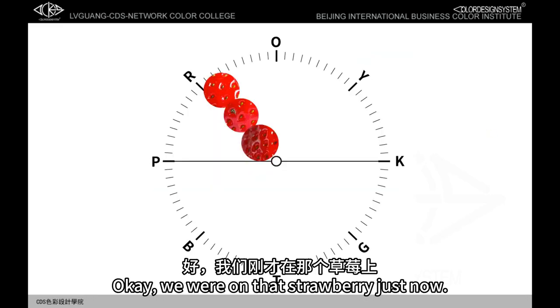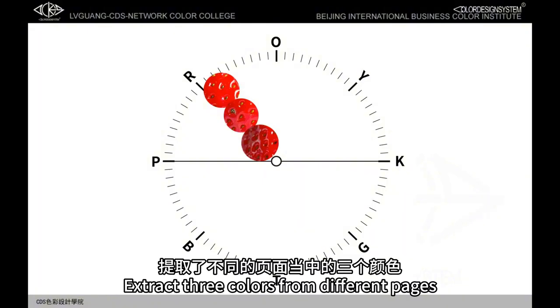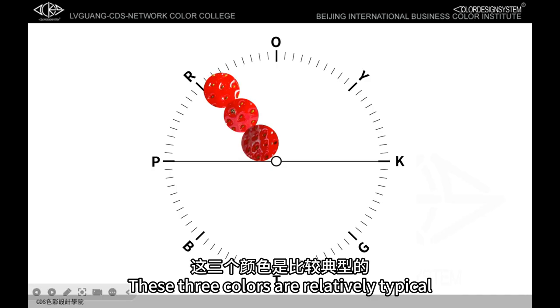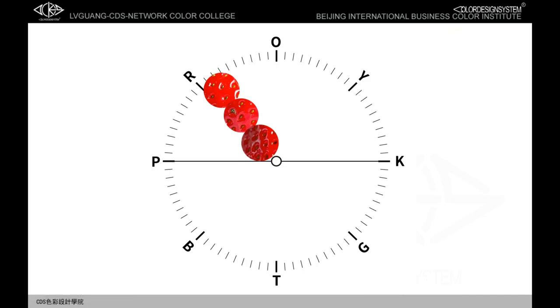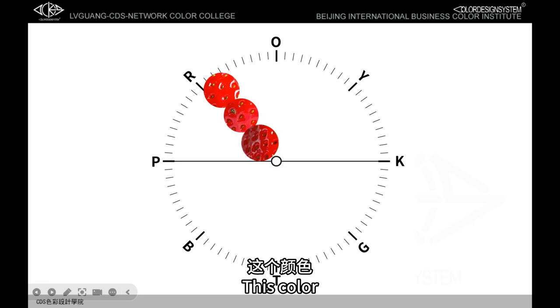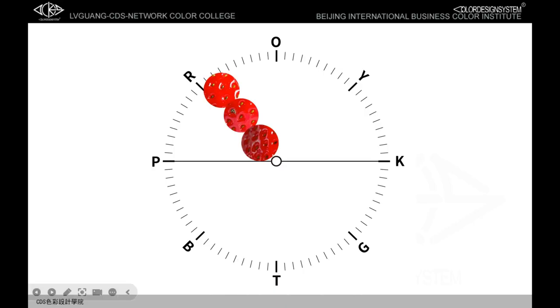Okay, we were on that strawberry just now. Extract 3 colors from different parts. These 3 colors are relatively typical, and are basically between R and O, the same hue, just different brightness.